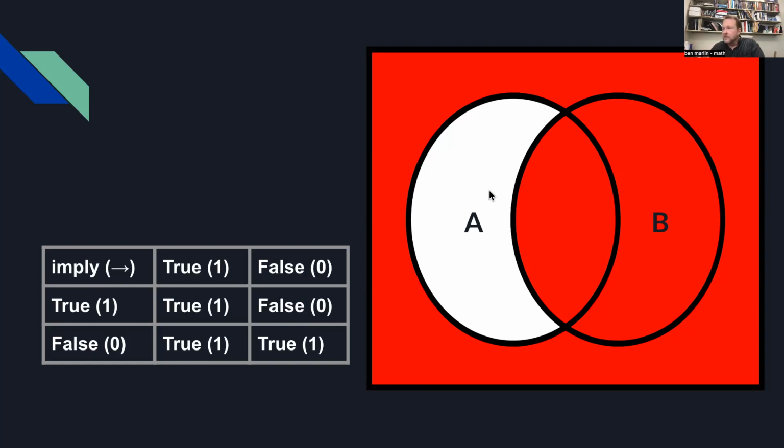Well, this stuff over here that's in A but not B does not make it true. But this stuff which is in both, if X is in A, then X is in B, okay, then those are true as well.